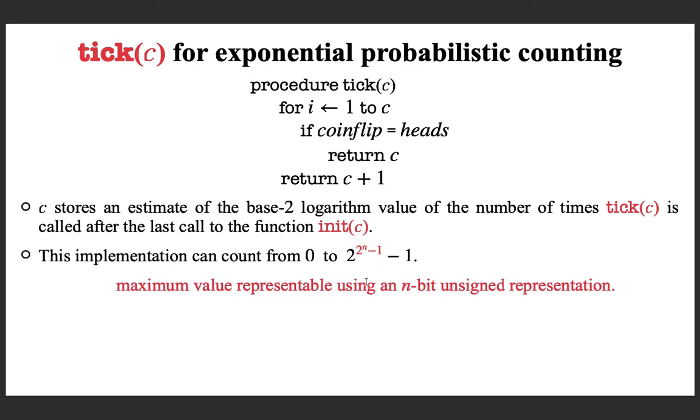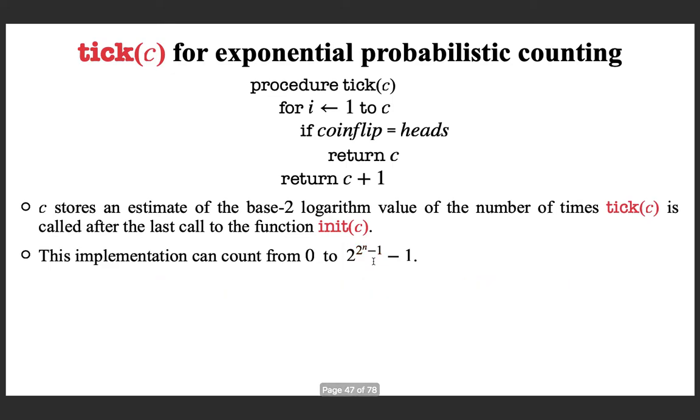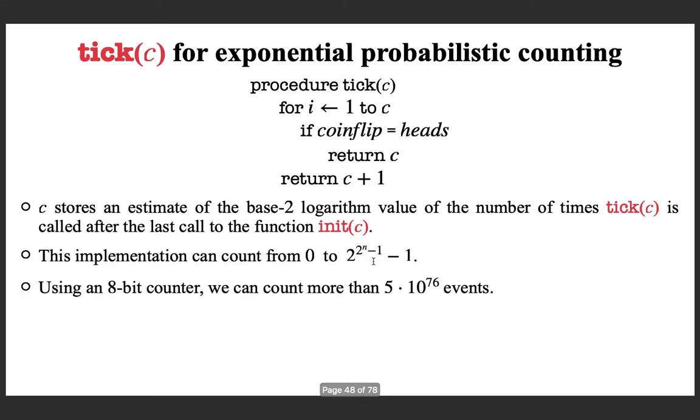So this is the maximum value which can be returned by the count function in the second probabilistic implementation. And if you substitute the value of n, the number of bits, as 8, the second implementation can count more than 5 into 10 to the power 76 events, such a big quantity.